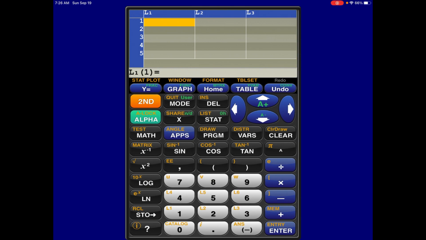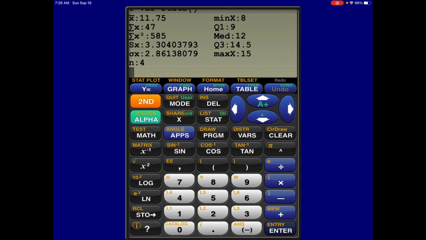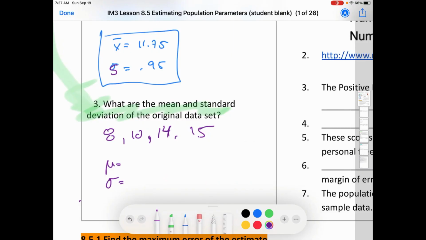Okay, my numbers are 8, 10, these are the original numbers from the top of the problem, 14 and 15. Stat, calc, one of our stats. And my numbers are 11.75 and 2.86. So that would be 11.75 and 2.86.